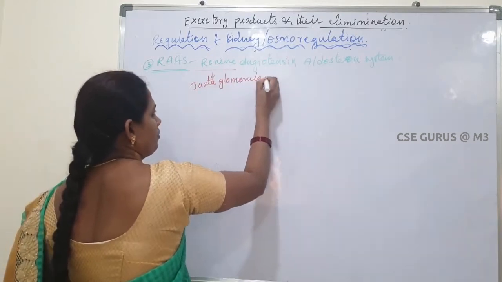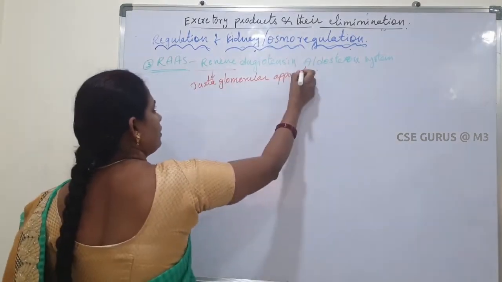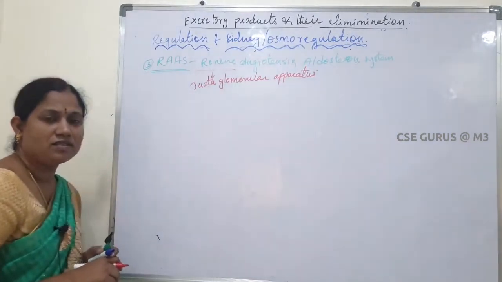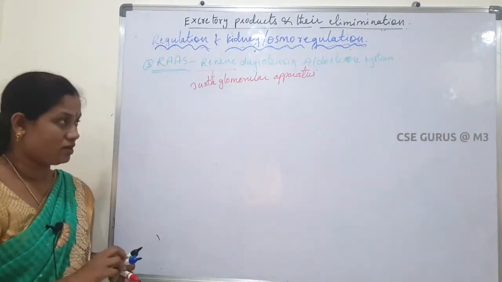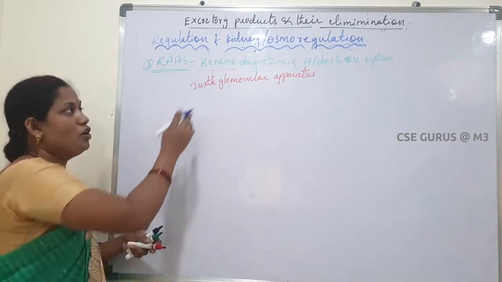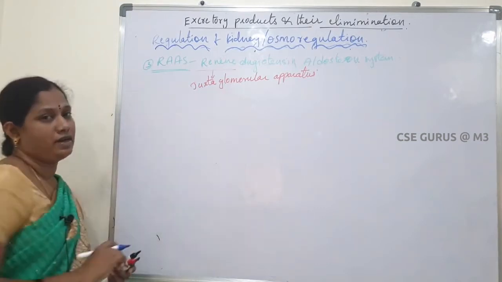Here renin is an enzyme. This enzyme is secreted from the juxtaglomerular apparatus. So we will discuss what the juxtaglomerular apparatus is.